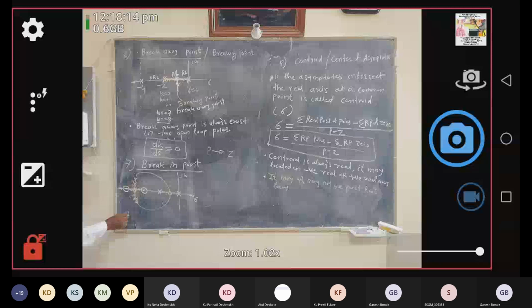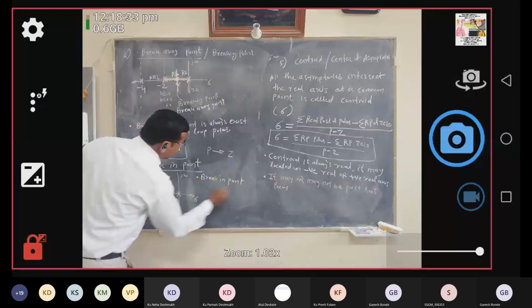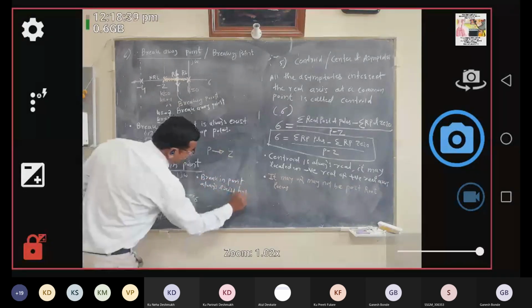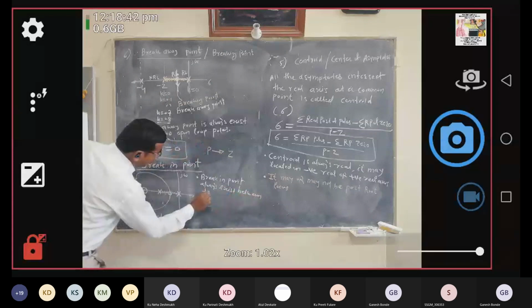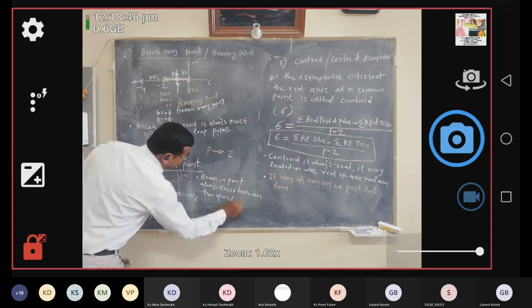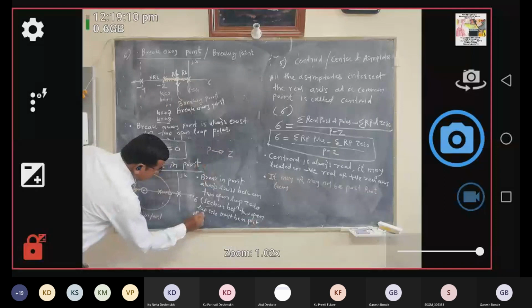So, you just note down: break in point always exists between two open loop zeros, and the section between the two open loop zeros must be a part of the root locus.